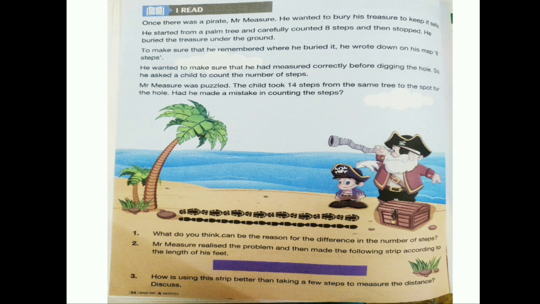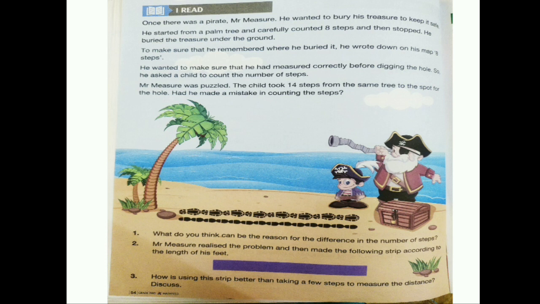Bury means put or hide underground, and treasure means a collection of precious things such as money, jewelry, or precious metals like diamond, all these things. Okay? Mr. Maser is a pirate. Whatever he stole, he wanted to bury this treasure.